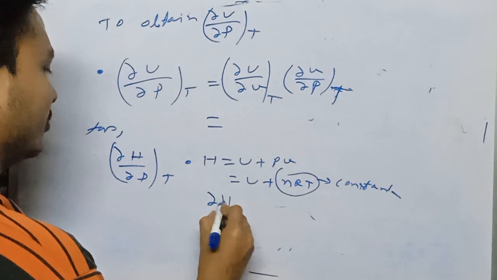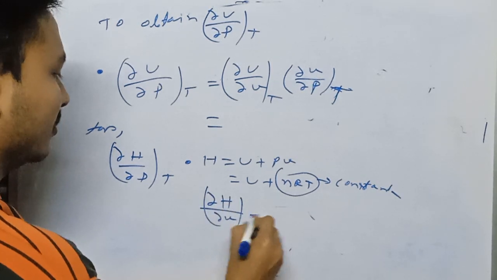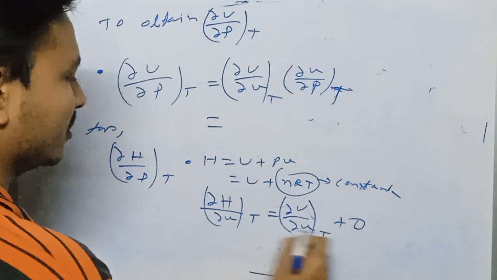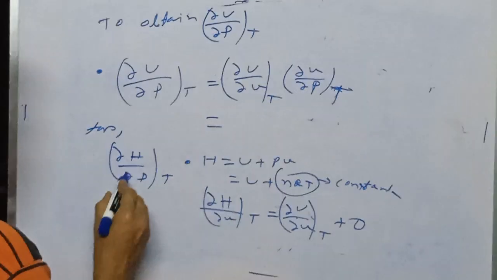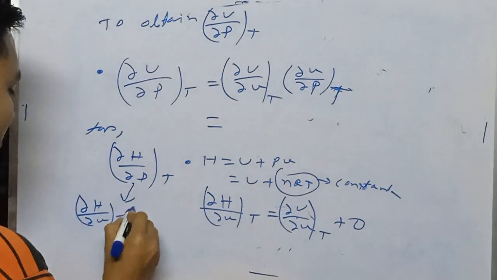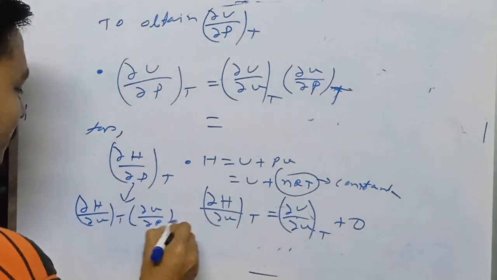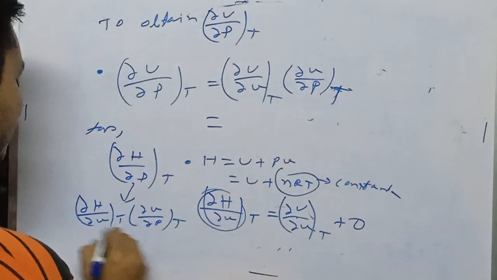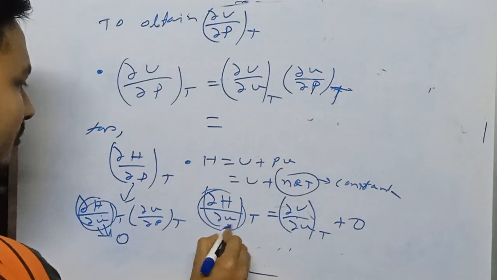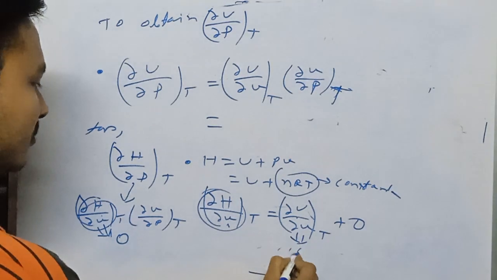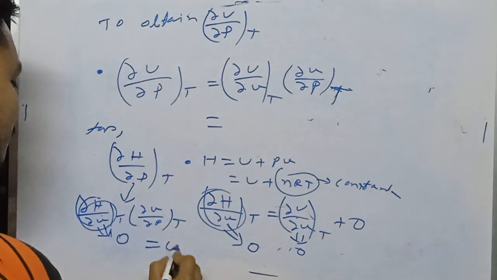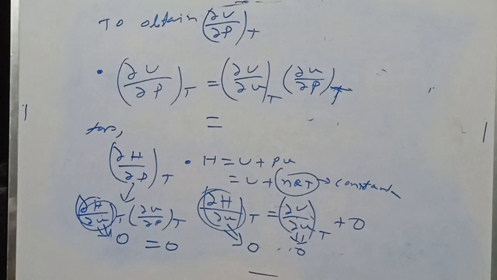Then you first obtain ∂H/∂V, which gives ∂U/∂V plus 0, then put the value of ∂U/∂V, and then rewrite this ∂H/∂P as ∂H/∂V into ∂V/∂P. And from here ∂H/∂V is also 0, so this gives 0, plus this is also 0, so here 0 into 0 is equal to 0. Okay, very easy.